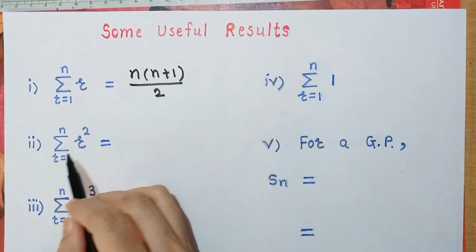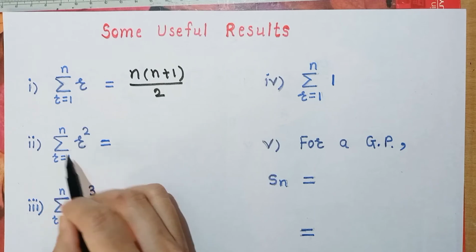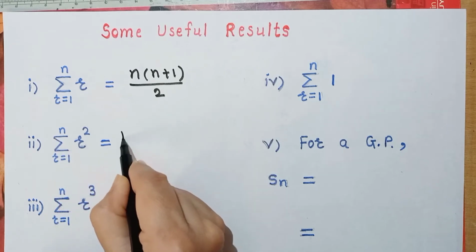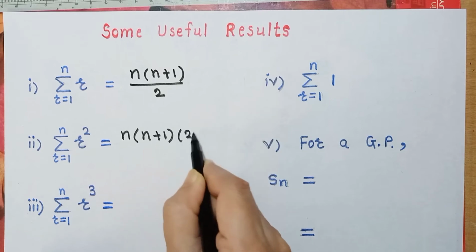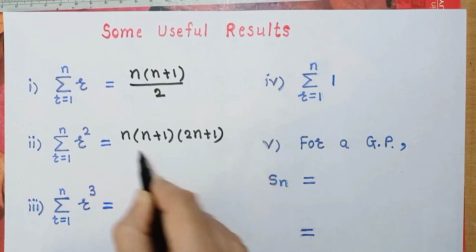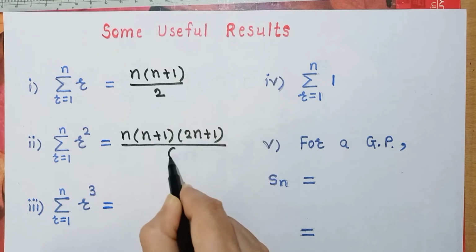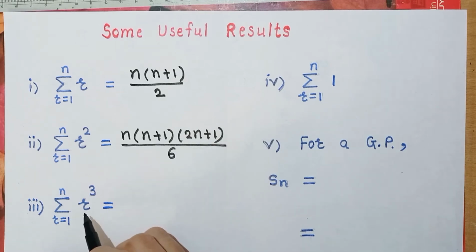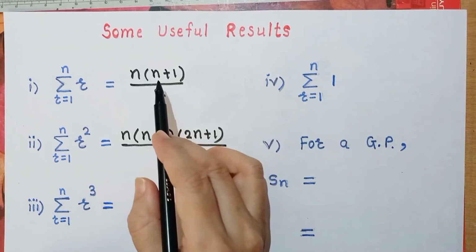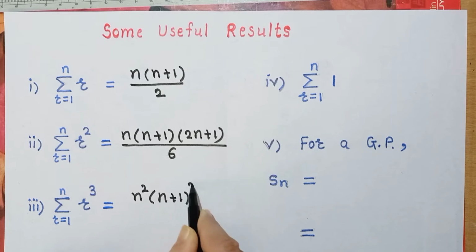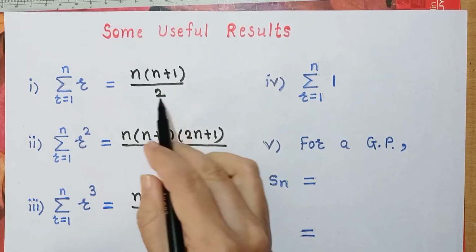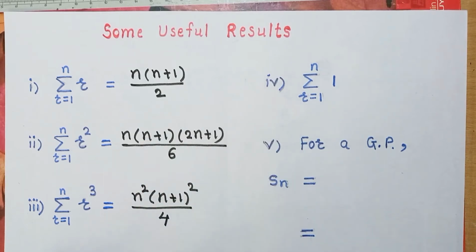Then the second one, summation r square, r running from 1 to n, and its answer is n into n plus 1 into twice n plus 1 upon 6. Now for summation r cube, we have to write the square of this, that means n square, then n plus 1 bracket square, upon 2 square, which is 4.